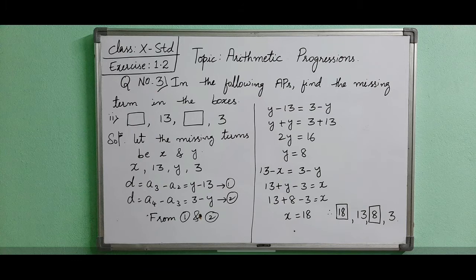Now the question number 2 of the same bit. Here two terms are missing and we consider them as x and y. Let the two terms be x and y. Now we get the terms as x, 13, y and 3. Again, when it is in AP, the difference will always be equal, so we use that property here.